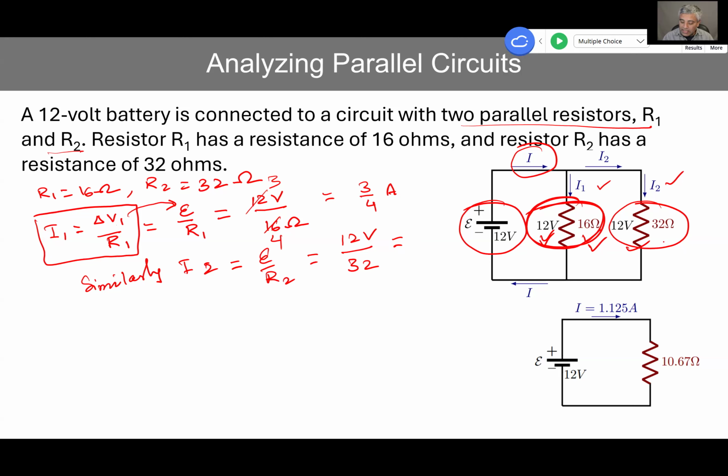So voltage is the same, but resistance double means current is going to be half in this case. Okay. So it's going to be 3/8.